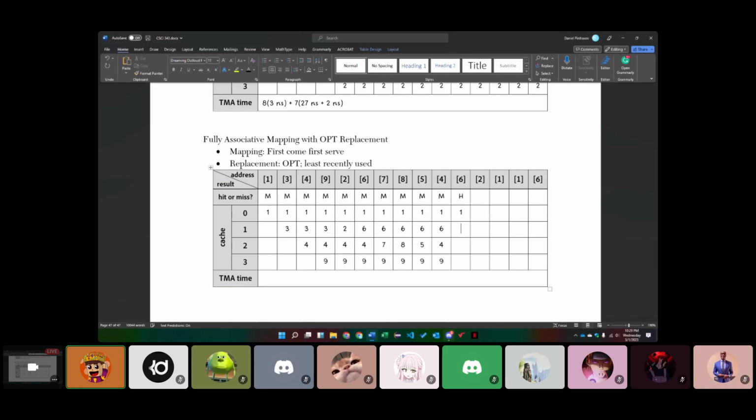Six is a hit. Two is a miss. We have to find 1, 6, 4, and 9. Found 1, found 6, no 4, no 9. So 4 gets replaced. 1s are hits. And 6 is a hit.